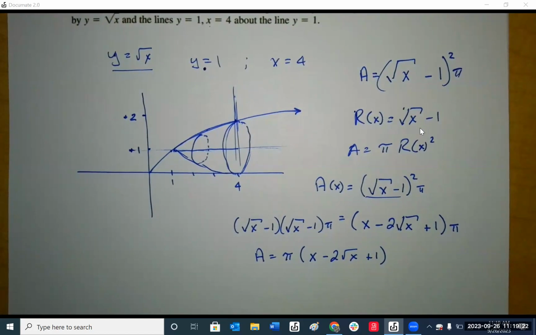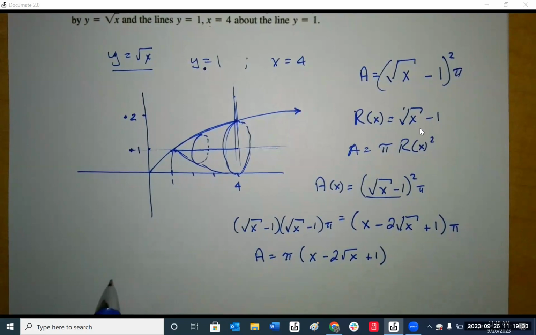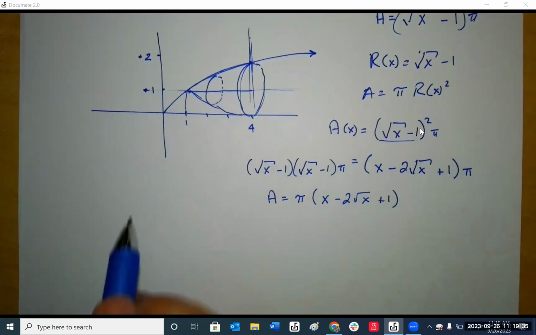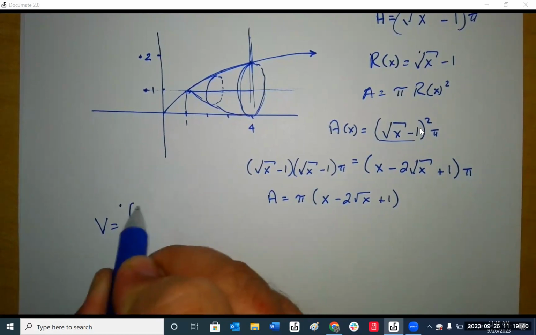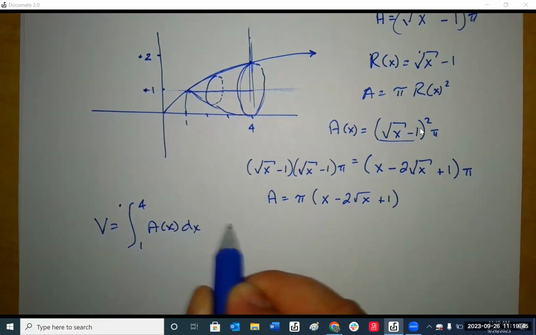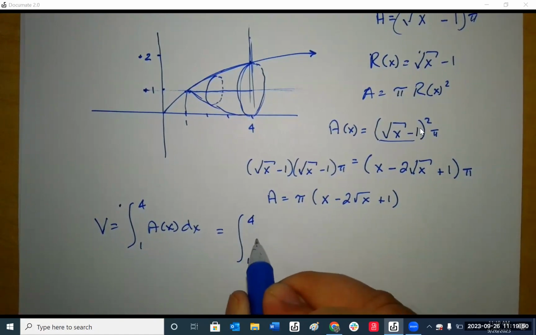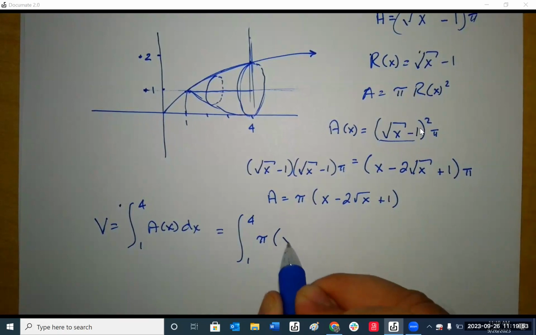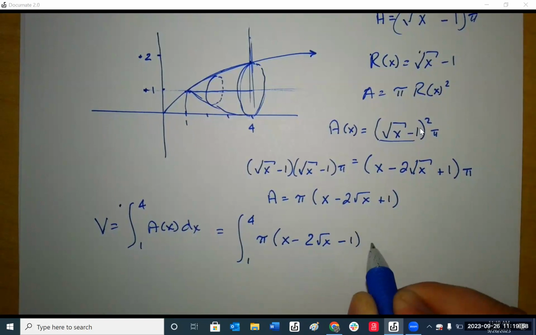What's our bound of integration? Yeah, because that's where our graph starts at 1, it goes to 4. So the volume is from 1 to 4 of pi times x minus 2 radical x plus 1 dx.